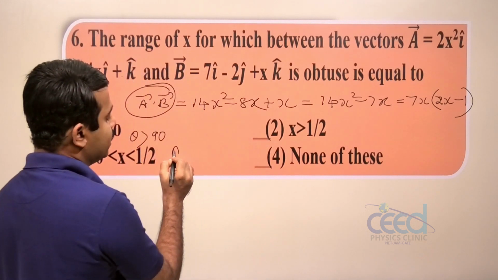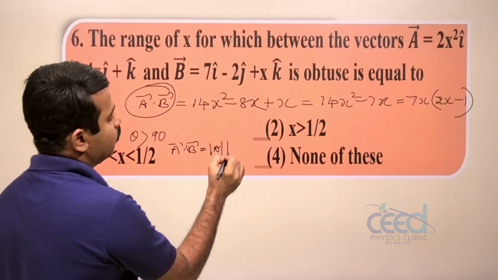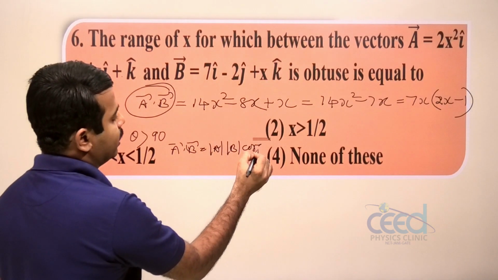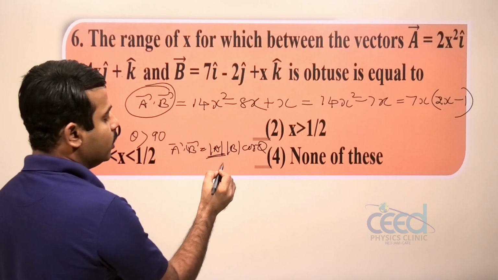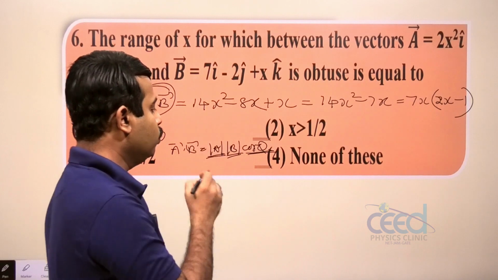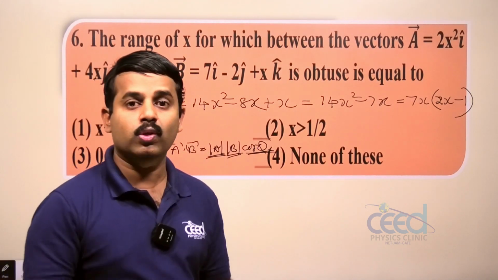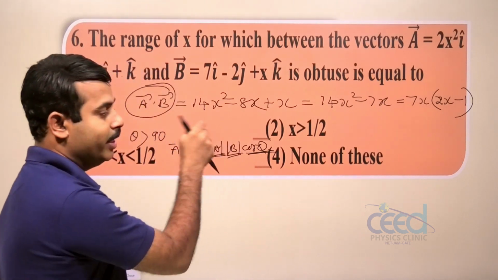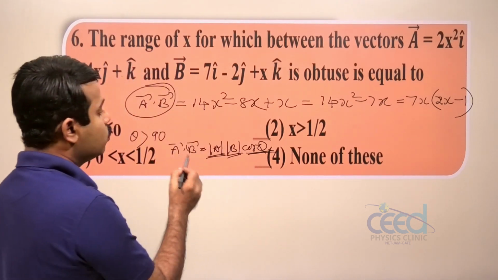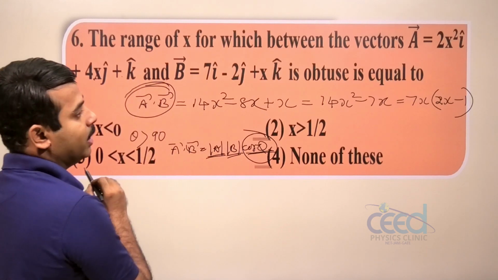Because A dot B is basically mod A mod B cos theta, right? So mod A is always positive, mod B is always positive. Then if obtuse, more than cos 90, cos 120 is what? Minus 1 by 2. So this cos theta is negative, that is why A dot B is a negative value.